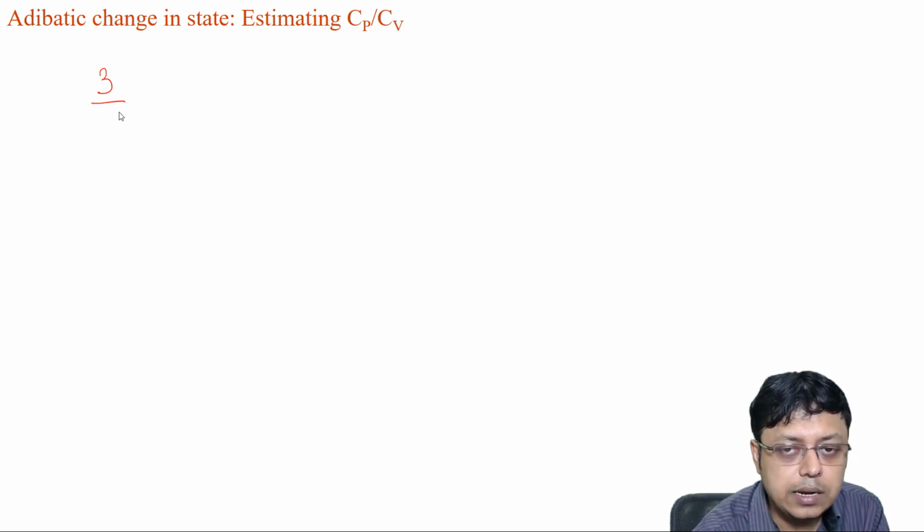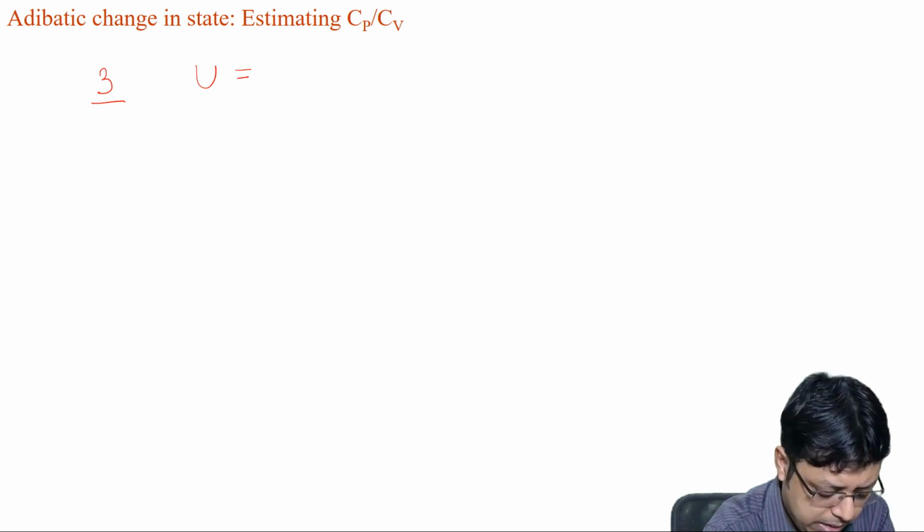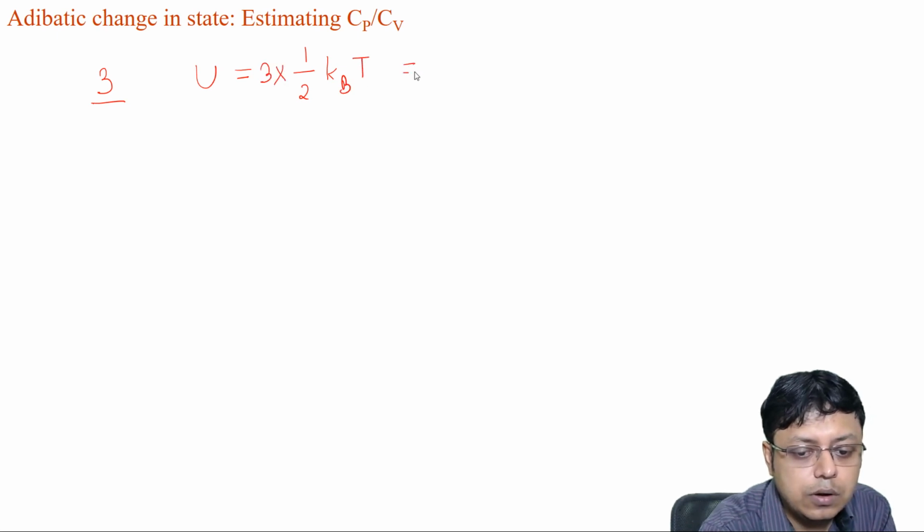So each kinetic energy will be equal to half kBT. So the total energy the molecule possesses will be nothing but half kBT for each degree of freedom, or 3/2 kBT.